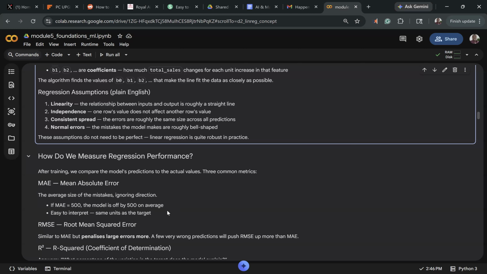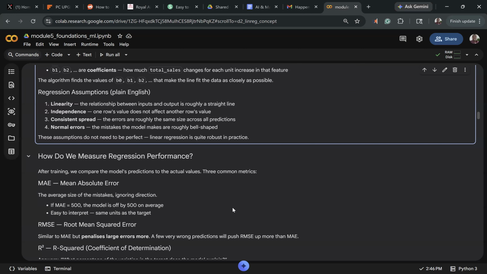We subtract the predicted value from the actual value, or the actual value from the predicted value, and then you get your error. But sometimes, if your actual value is greater or less than the predicted value, you could get a negative. In that instance, that's why we use absolute.